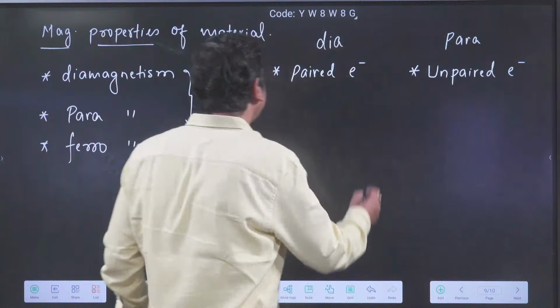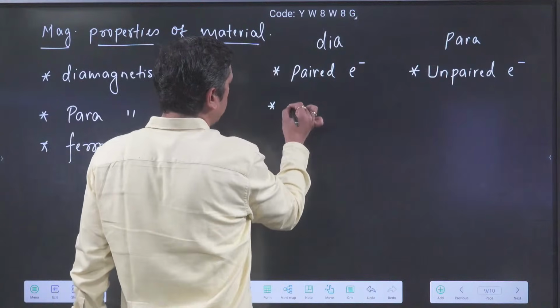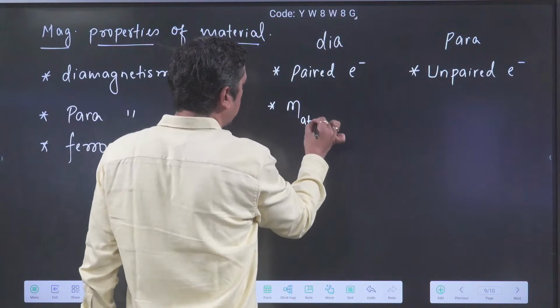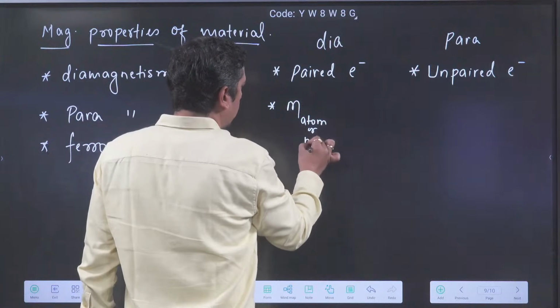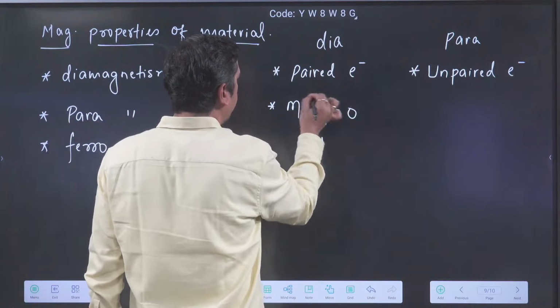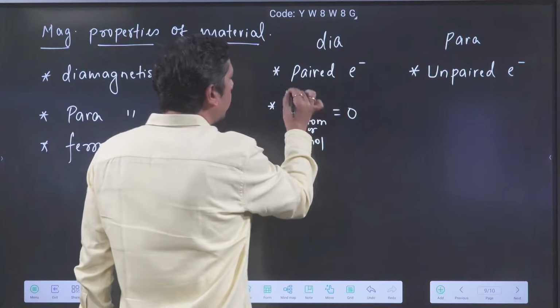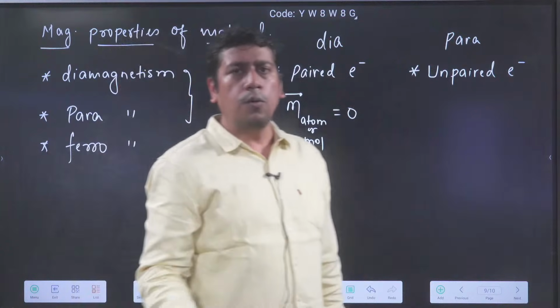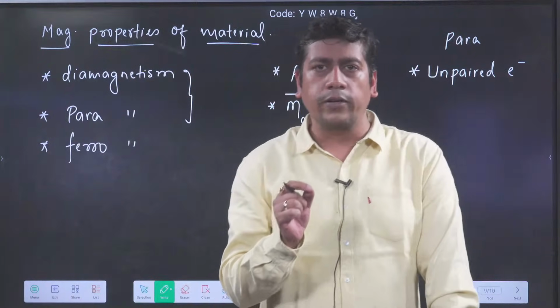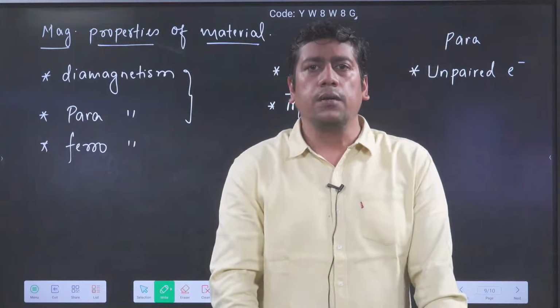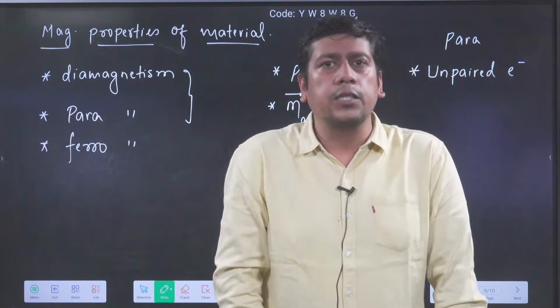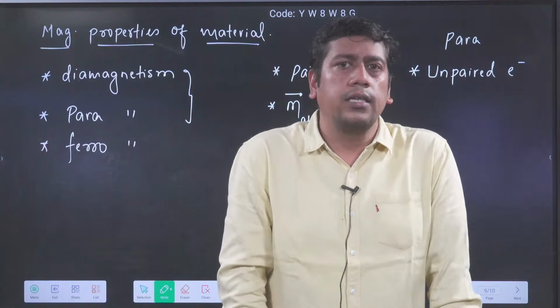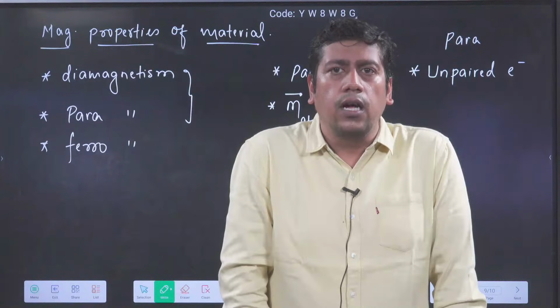So I can say due to paired electrons, pairing always happens with opposite spin, due to the opposite spin, their m vector will get cancelled out.